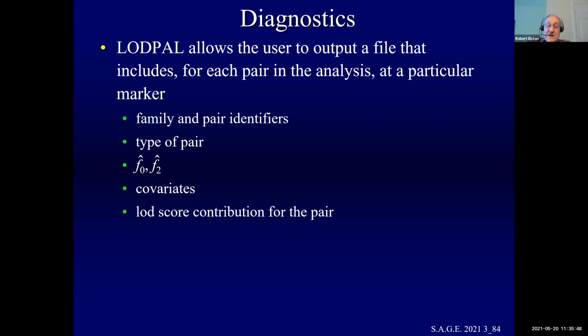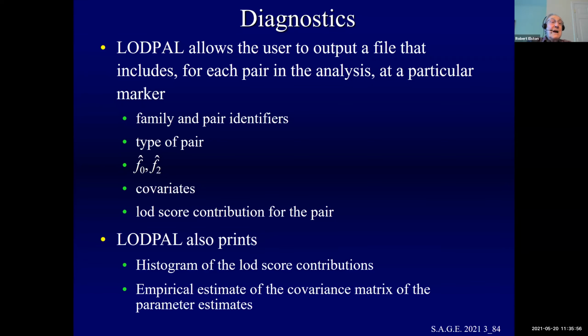And basically, you add up the log scores for the pairs. LotPal also prints a histogram of the log score contributions, and you get the empirical estimates of the covariance matrix of the parameter estimates. So you can see that.